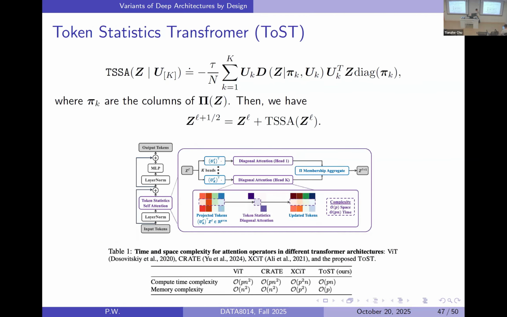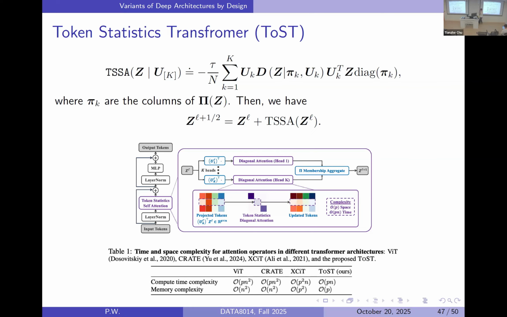Then we can write down the whole architecture of the token statistics transformer. You can see here, these are some input tokens. First dual normalization, and then token statistics self-attention. The implementation of this update corresponds to this architecture. We have k heads, and each head does the projection.